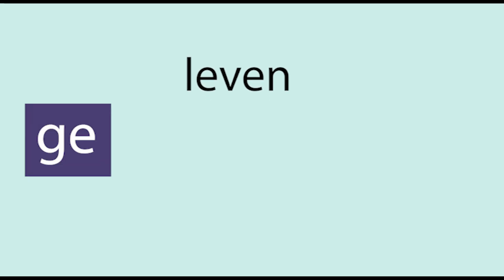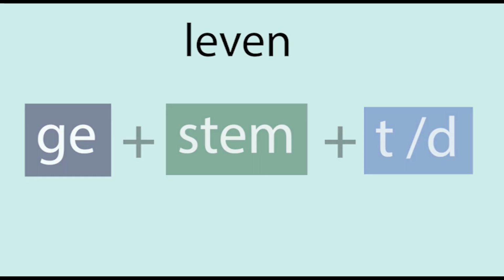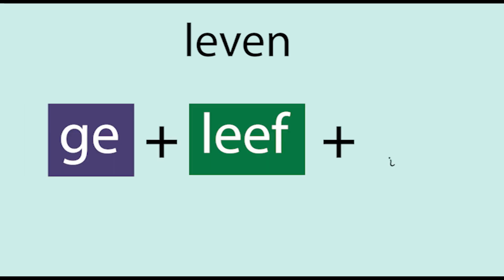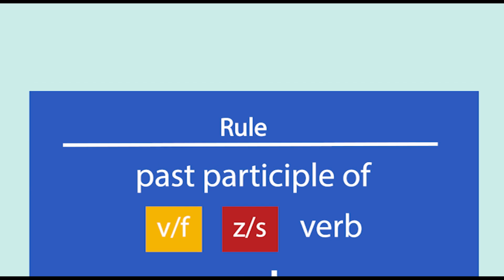Well, here goes with leven. Ge plus the stem of the verb plus T or D. Ge plus leef. So which is our test letter? The V of the full verb or the last letter of the stem? Here's the rule. In case of a VFZS verb, the final letter of the past participle is a D.